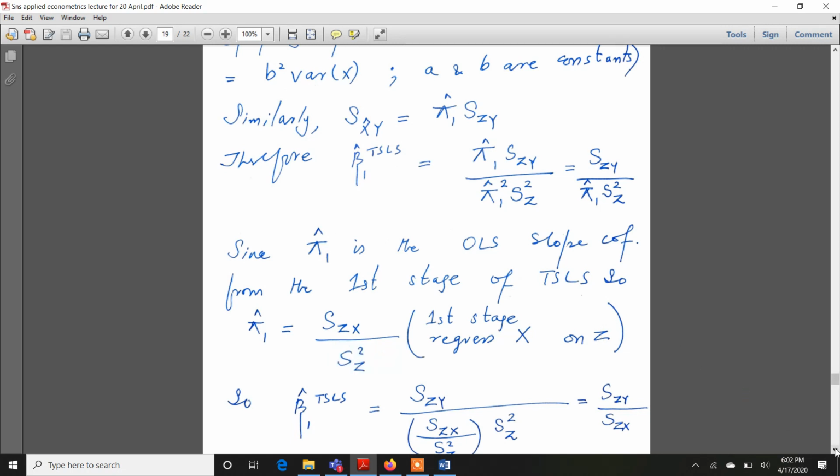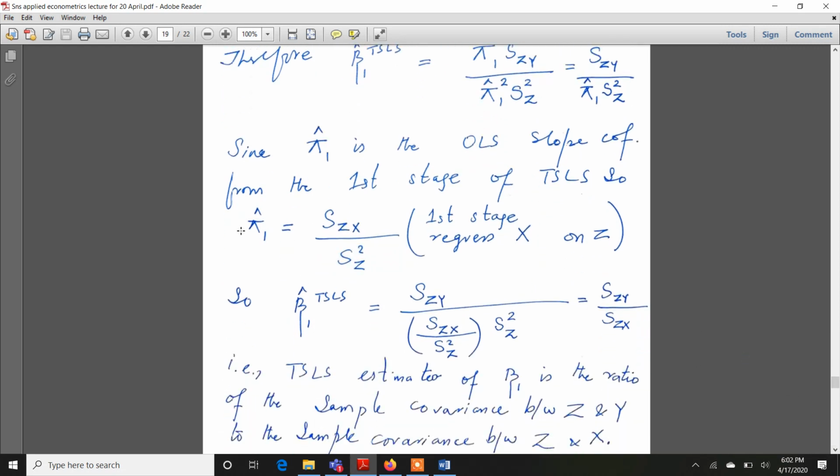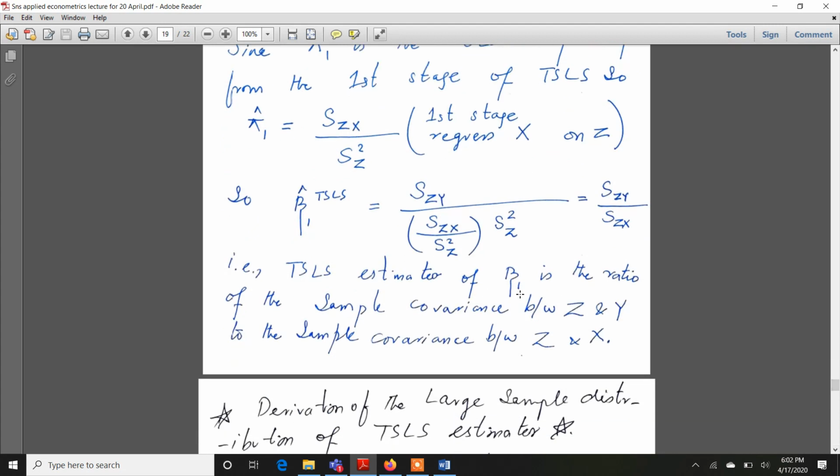So beta 1 hat TSLS becomes, if I substitute this value of pi 1 hat here, covariance between z and y divided by covariance between z and x. So the TSLS estimator of beta 1 is the ratio of the sample covariance between z and y to the sample covariance between z and x.